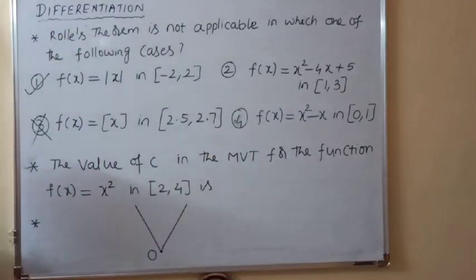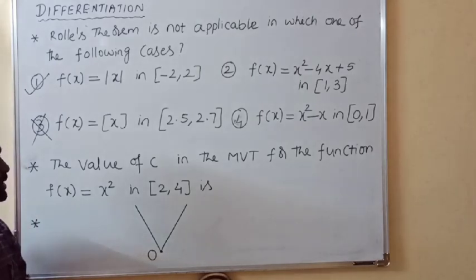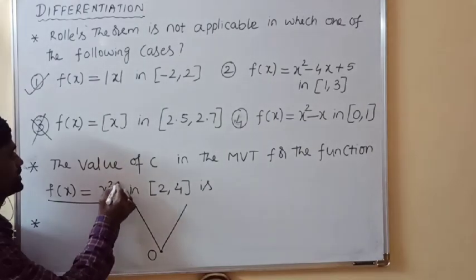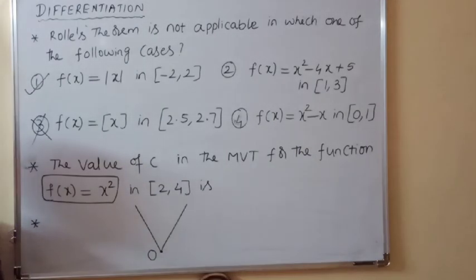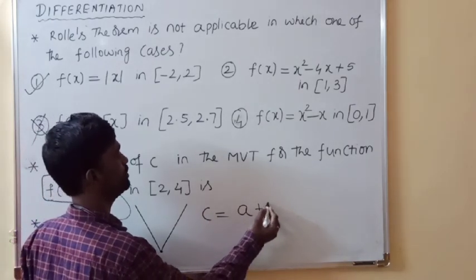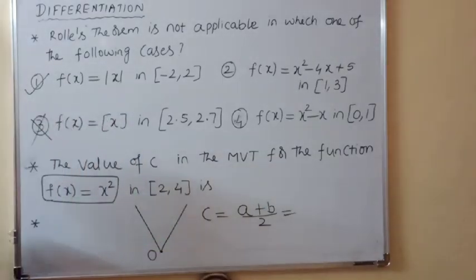Okay. Next, the value of c in the mean value theorem for the function f of x is equal to x square in the closed interval 2 comma 4. Here f of x is equal to x square. It is a quadratic function only. Then the shortcut formula for c is a plus b by 2.